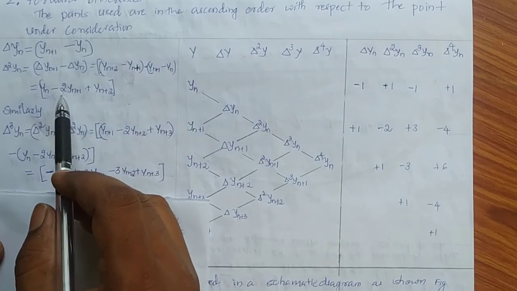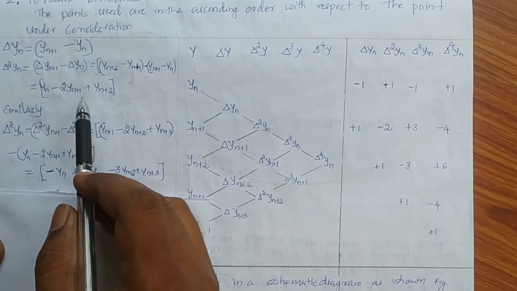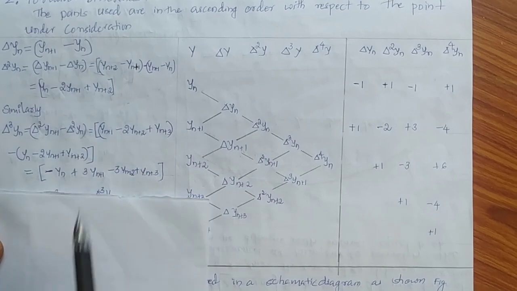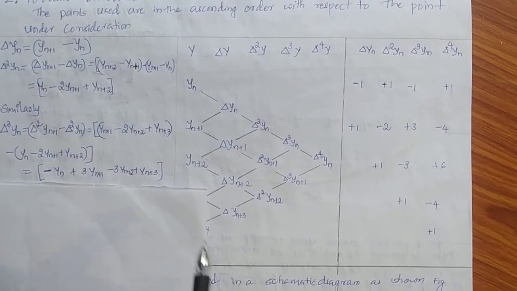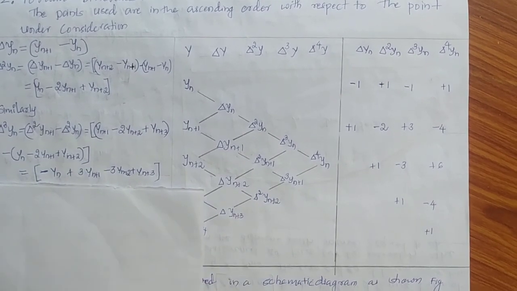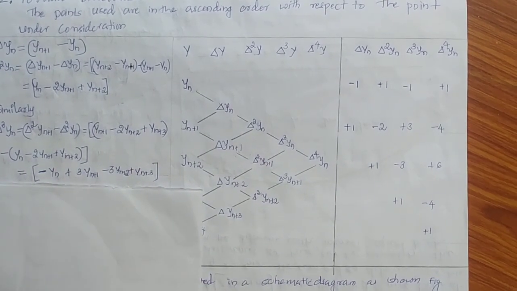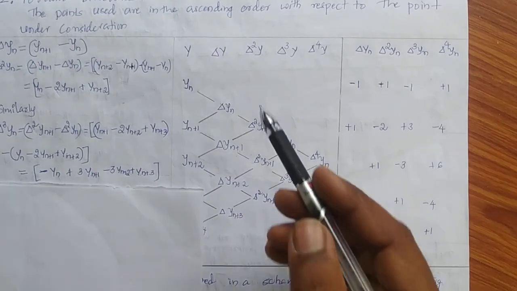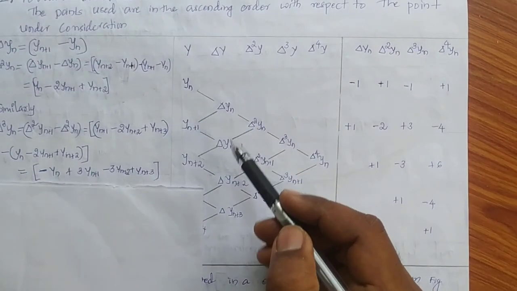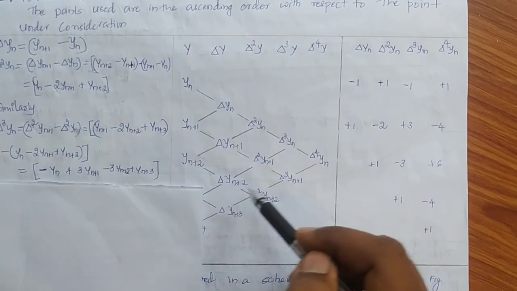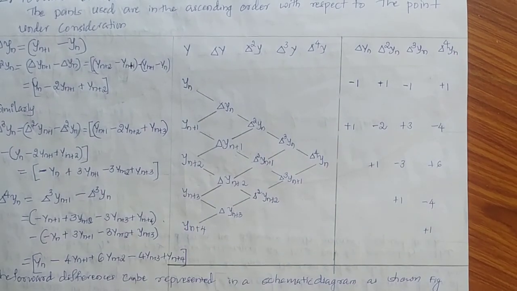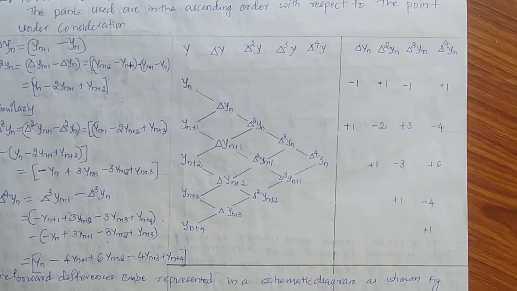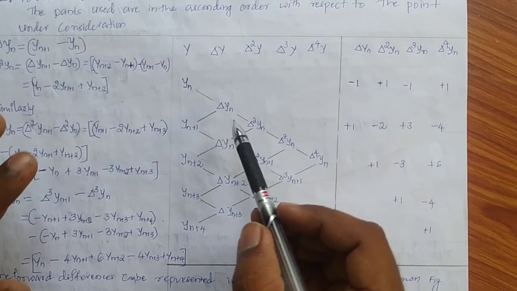So that value will come to yn minus 2 yn plus 1 plus yn plus 2. Similarly, you can go on considering these values. In the same way you can draw this table figure, and from that figure we can go on calculating the values.